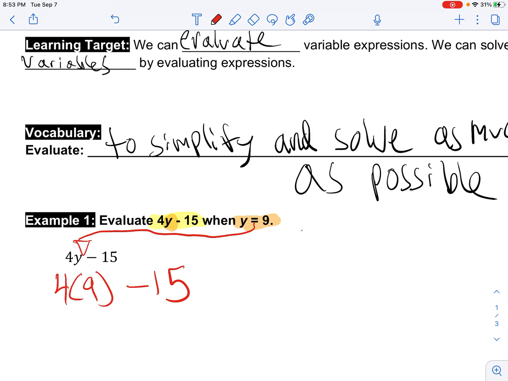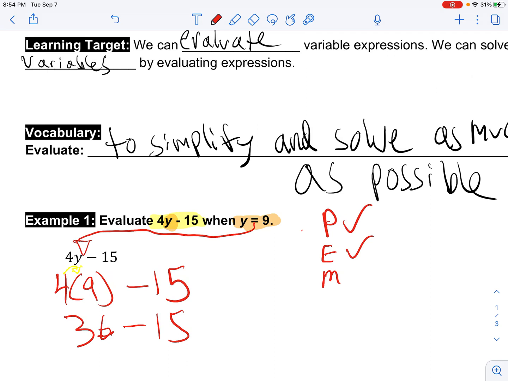So again, if you follow PEMDAS, P-E-M-D-A-S, the first thing that's going to come up is, yes, I have parentheses, but there's just one single number in my parentheses. There's nothing I can do. So I can't simplify much there. E, exponents, nope. I do have multiplication. So this is telling me to do 4 multiplied by 9, which gives me 36.